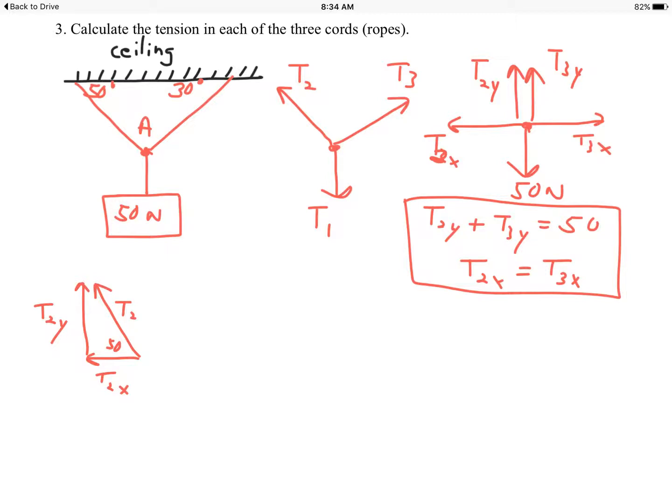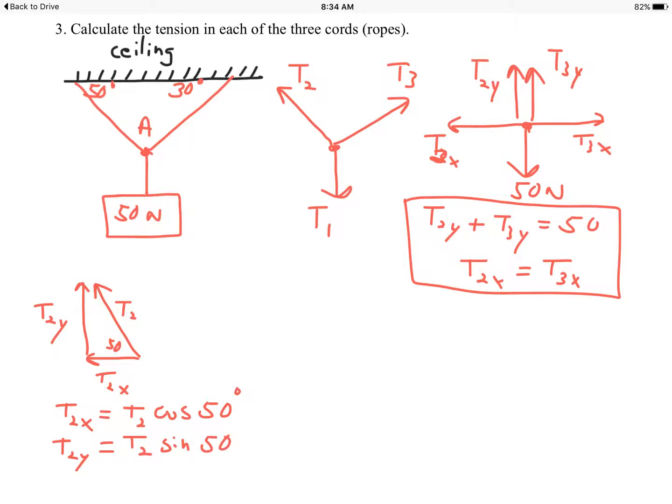And once again, if you do sines and cosines, I'm going to skip all the small steps, but doing the same steps for components that we've done several times, it turns out that T2x equals T2 times the cosine of that 50-degree angle. And I'll let you skip these steps. On your own homework, you can just do it this way, or you can write in the extra steps that get you here. But T2y equals T2 sine 50.